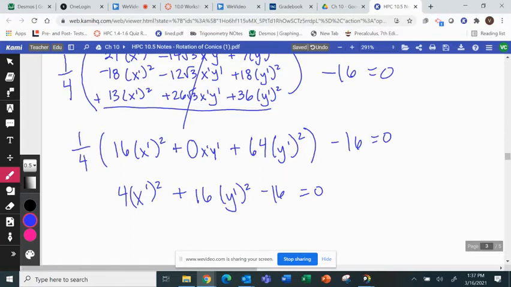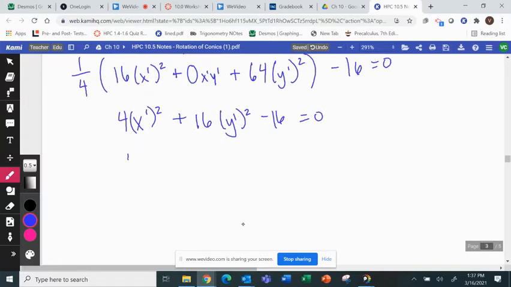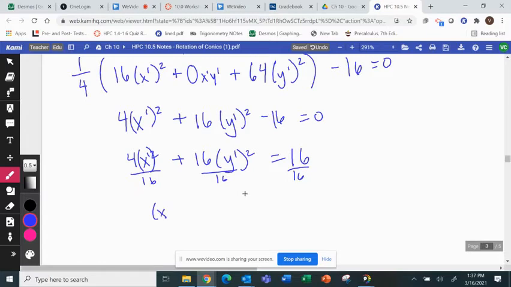Add the 16. Is it in the correct graphing form for ellipses? Nope. We got to divide everything by 16 because it's got to say equals 1. So I get x prime squared over 4 plus y prime squared over 1 equals 1.